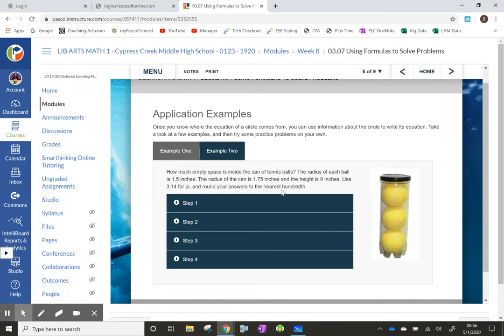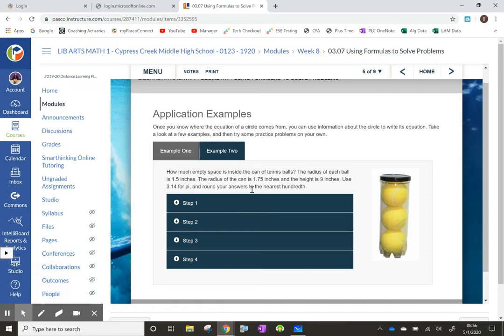Okay, so we're going to have to find a few things. We're first going to have to find the cylinder's volume in total. How much can the cylinder hold?